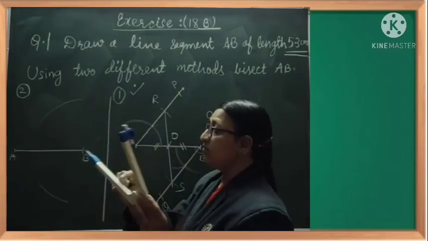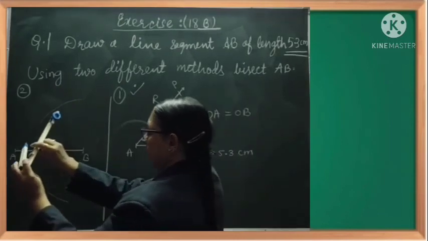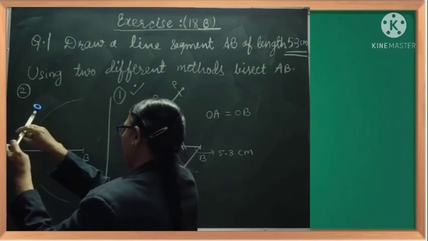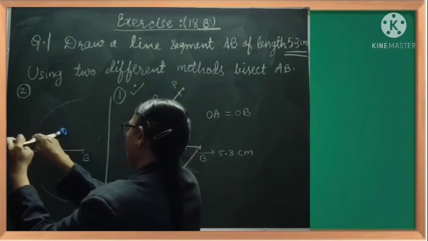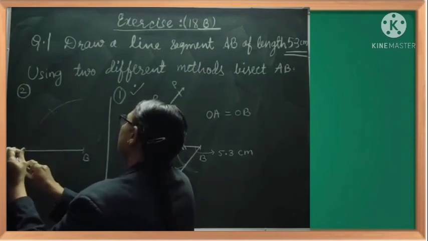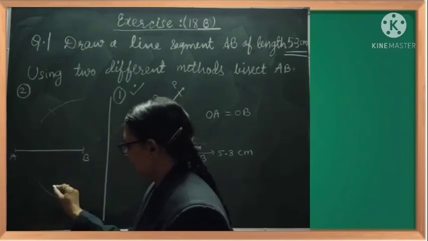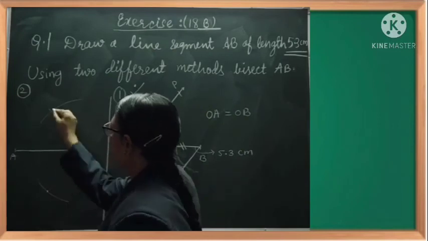With the same distance, we will cut this arc from vertex A, up as well as down. So here we get these two points.